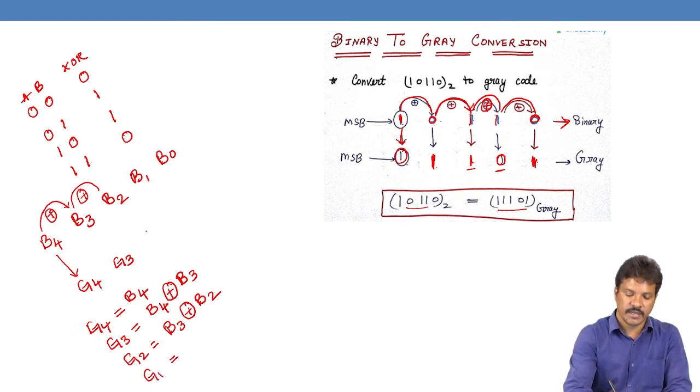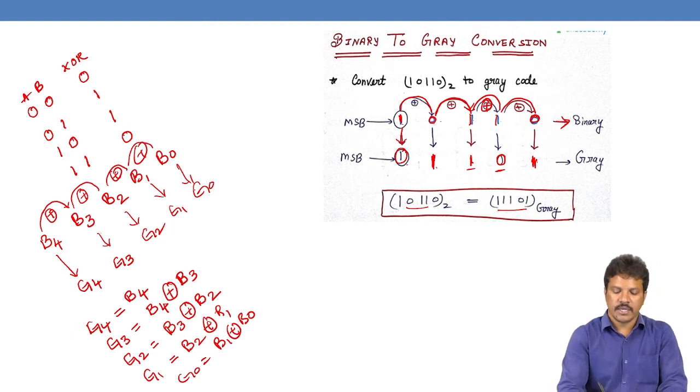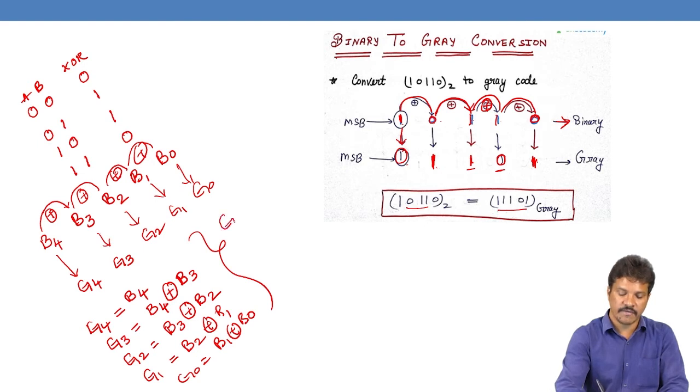G1 is obtained from B2 XOR B1. And the last one, G0, is equal to B1 XOR B0.